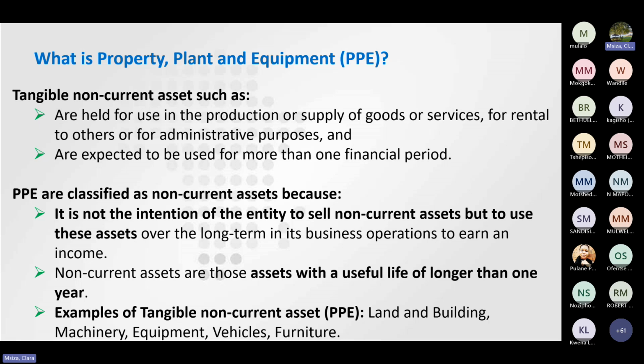For example, if your company sells vehicles, the vehicles that you sell will not fall under non-current assets, but will fall under your inventory, because you'll be selling those vehicles, expecting to sell them within 12 months.